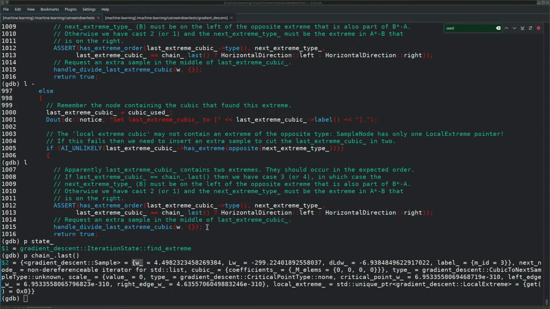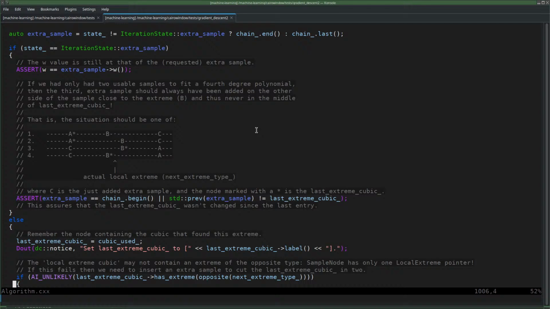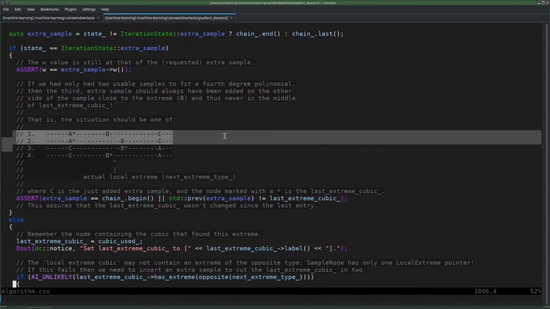Okay, well. If the last extreme cubic equals chain last, then we have case 3 or 4. Well, that's not the case, so we have case 1 or 2. Let's verify that. So we have one of these cases.